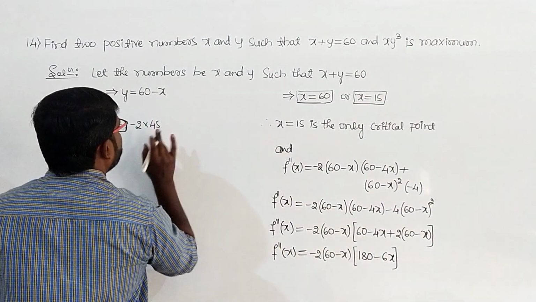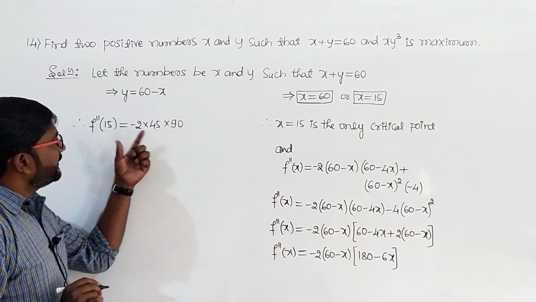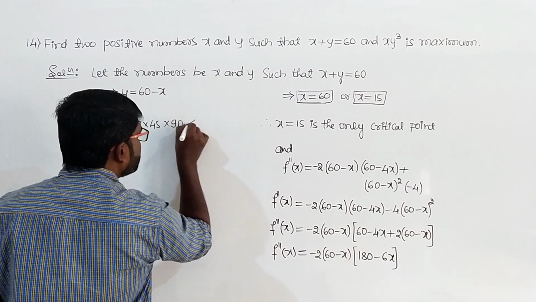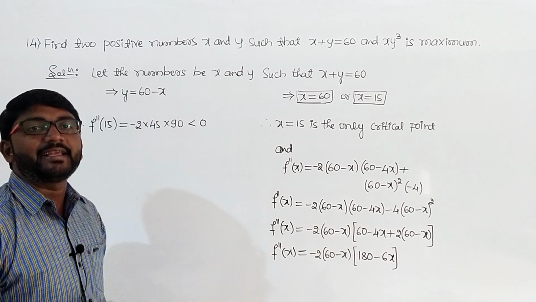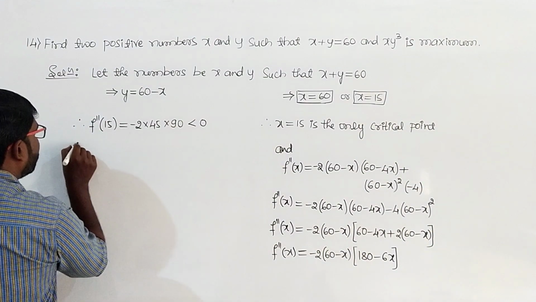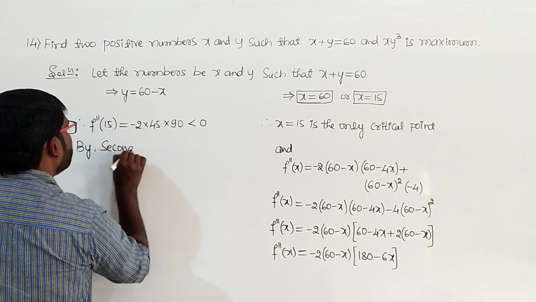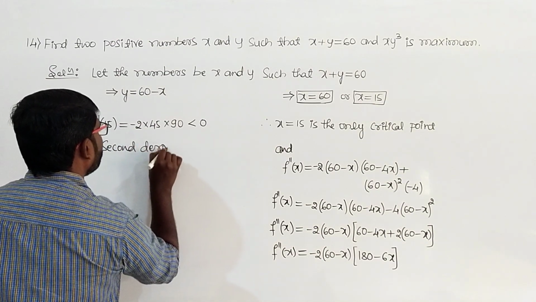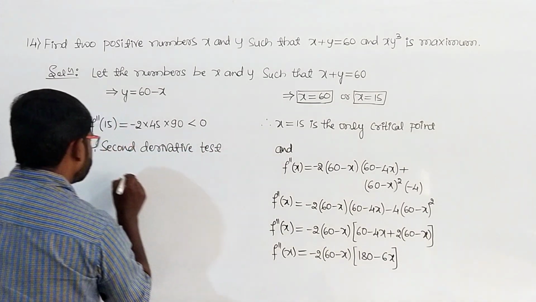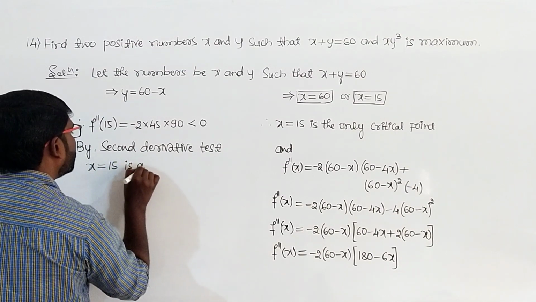So overall you get 90 here. See here, you have the minus sign. If you multiply these three numbers, you get some number into minus. Overall the product is going to be less than 0. This indicates x equal to 15 is a point of local maxima by the second derivative test.